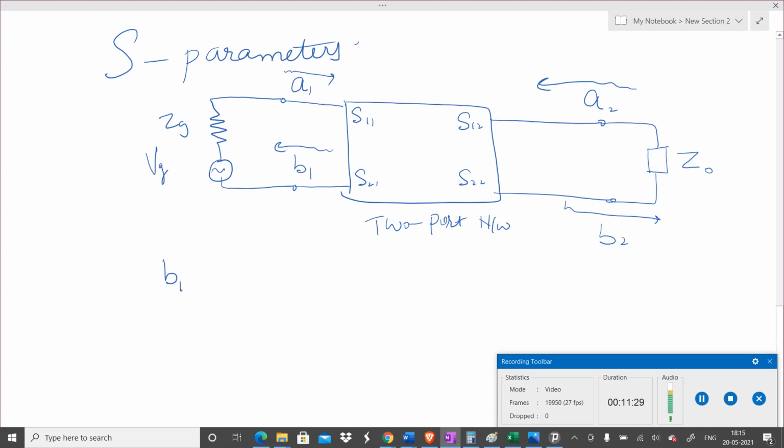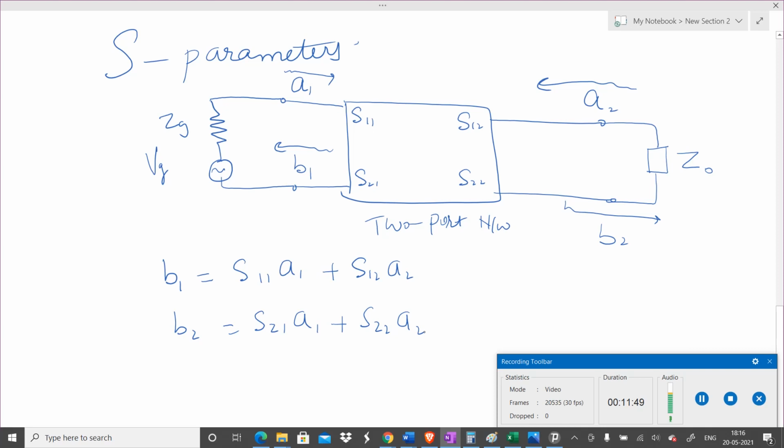So one is B1, what is reflected out at the input, is equal to S11 times A1 plus S12 times A2. Similarly B2, what comes out of the circuit, is S21 times A1 plus S22 times A2.